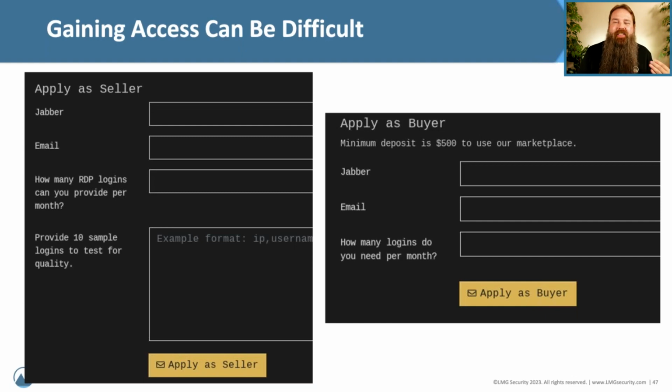And what they do is they sell access into other networks. If you want to buy remote access into something like a Fortune 500 company for the purpose of cybercrime, you can go to a seller like this and they will sell you that access. Now, if you want to apply as a seller on one of these systems, they ask that you provide 10 samples of logins so that they can test and make sure that your information is actually valid, that it's going to be worth something, and it's going to generate that kind of traffic to their website.